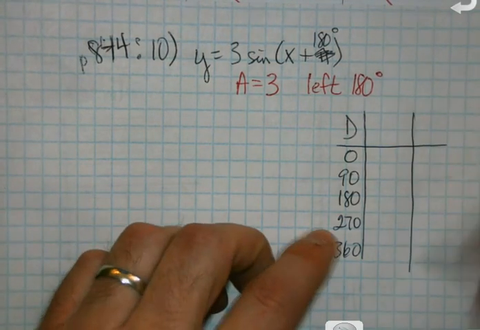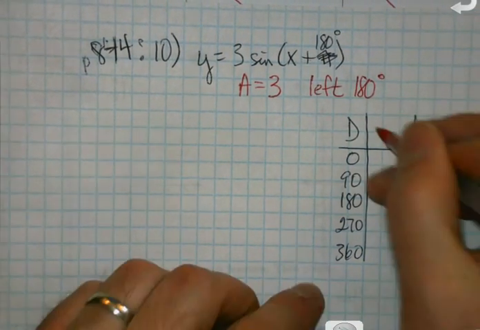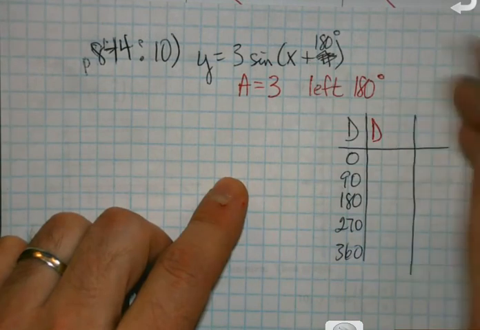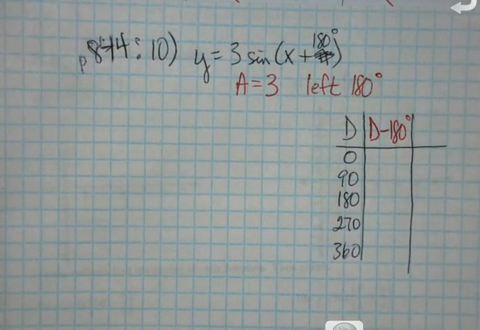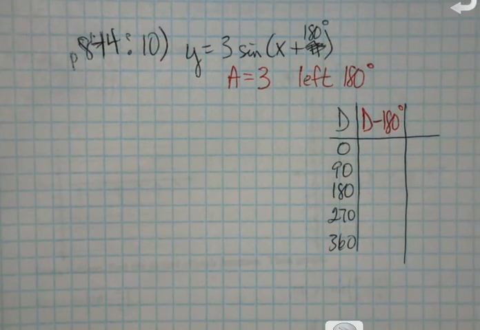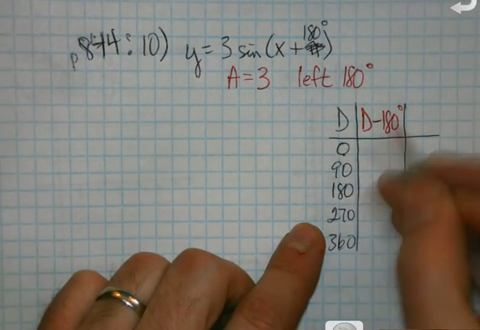However, I am taking that degree measure, and this told me that I was shifting it left 180 degrees. So I'm going to subtract 180 degrees from this. So I'm just going to take my degree and minus 180.